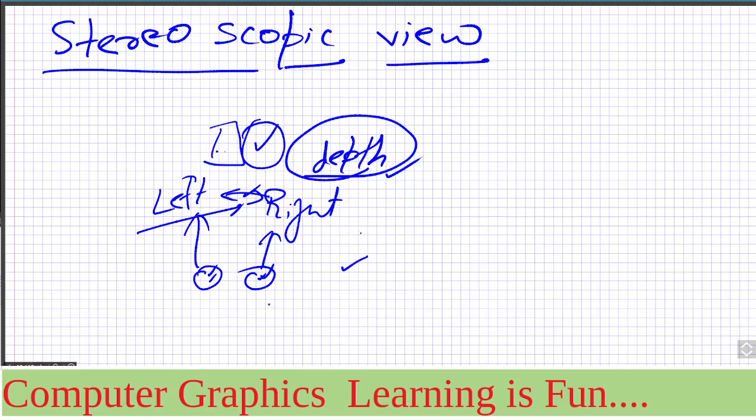Such a view is called a stereoscopic view. Many of the robots being built now also have two cameras mounted on them to give them a sense of depth along with the view.